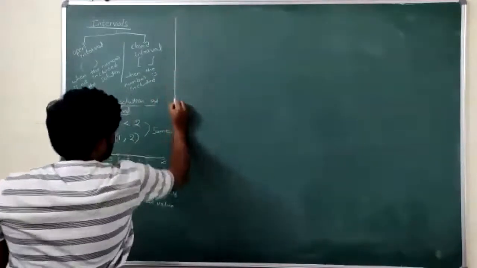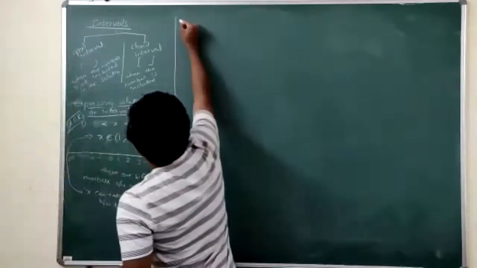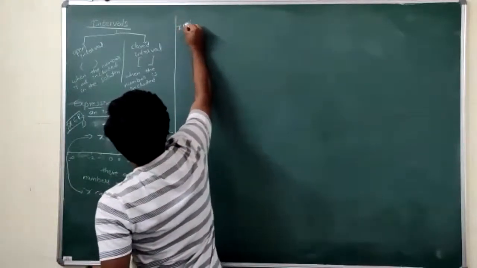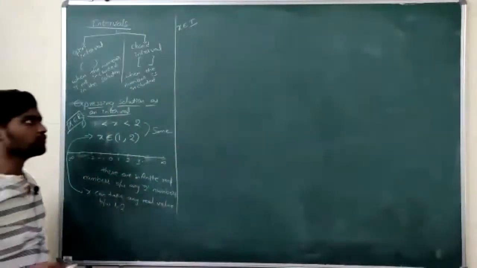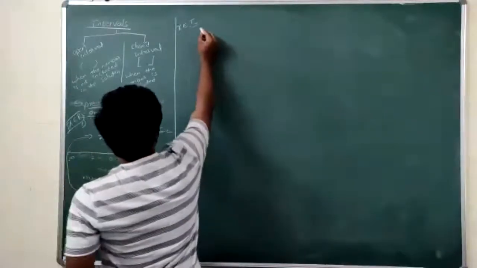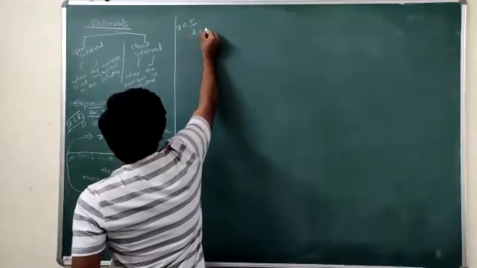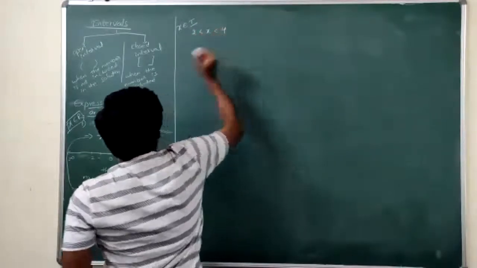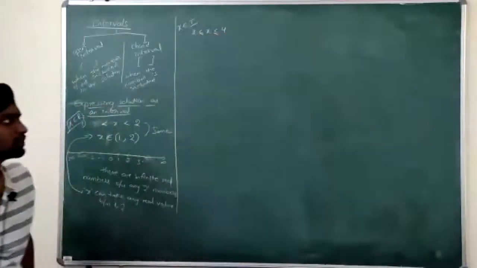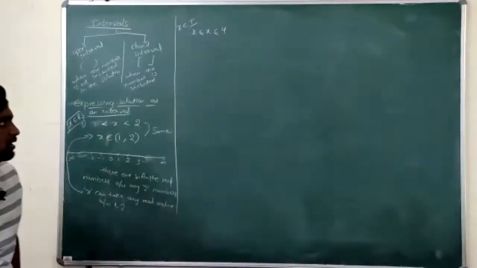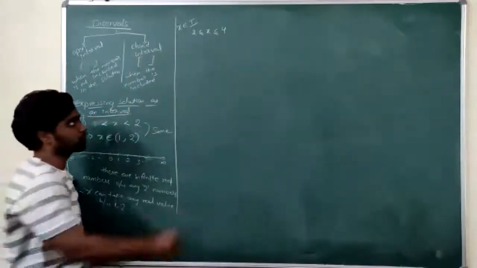Now, this simple question I'm going to give. x belongs to integers and 2 less than x less than 4. You can say 2 less than or equal to x less than or equal to 4. Anyway, that's not an issue, it won't make any difference.